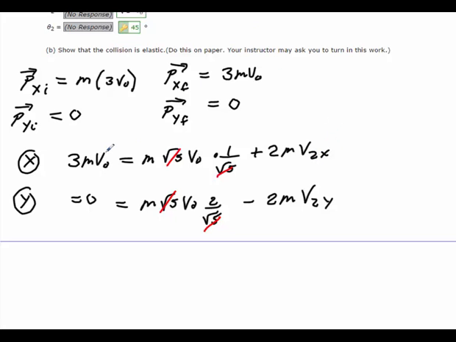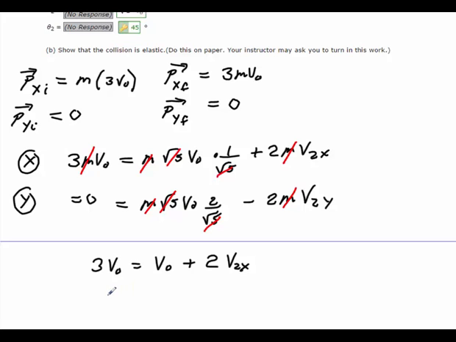You notice here I can cancel out a lot of stuff. Cancel out masses here, and here, here, here. Because I can cancel out this because, again, 0 divided by m is still 0. So rewrite the equation, and we should have this problem done. 3VO is equal to VO plus 2 V2 in the x.